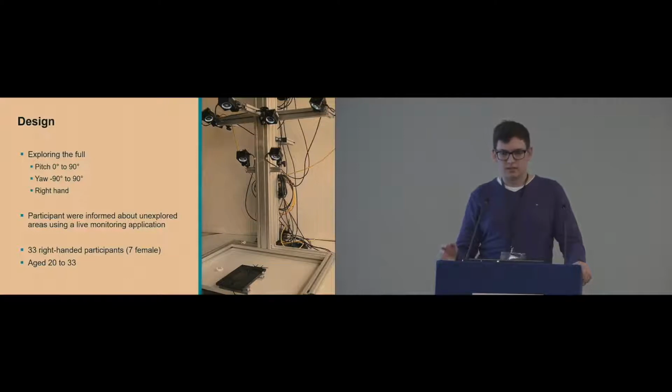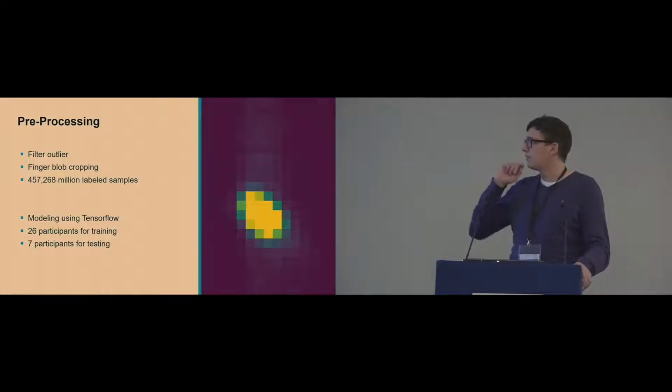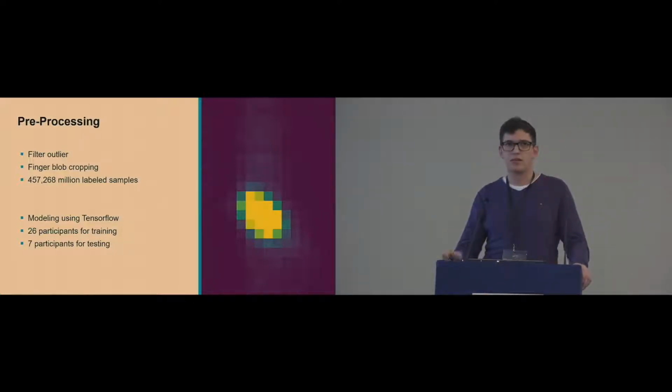We conducted a study with 33 participants with an age range from 20 to 33. On the right side, you can see a simple touch, what we get from the capacitive values. Here the index finger is touching the surface, highlighted in yellow.